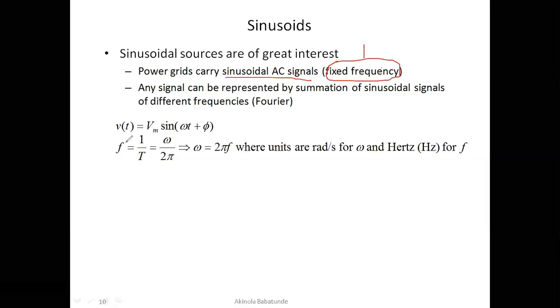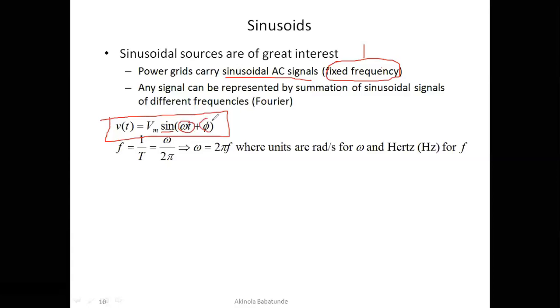So what you find here is V of t. V of t is equal to Vm sine of Wt plus phi. Phi here represents our phase angle, which represents a shift. W represents our angular frequency.